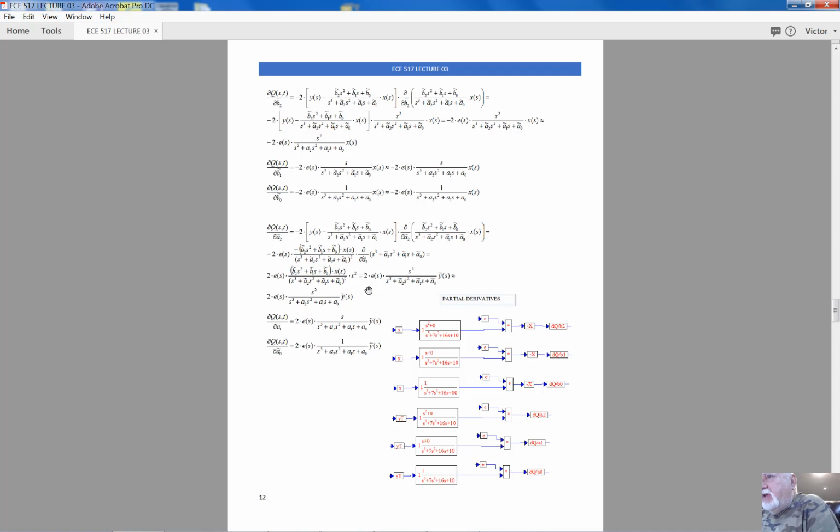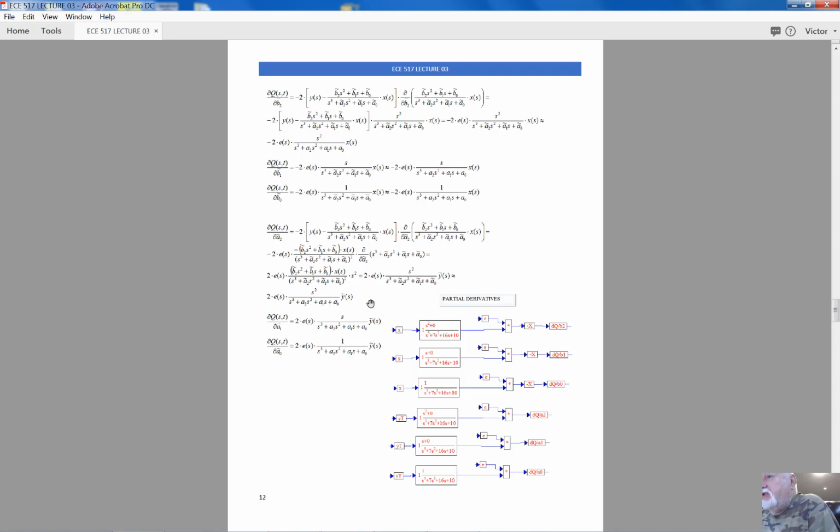So look, I'm going through this process very carefully, and eventually I'm getting, minus would disappear, and I'm having 2 because of the quadratic expression for the criterion, multiplied by the error and multiplied by S squared, multiplied by the output of the adjustable system. But S squared times the output of the adjustable system is actually the second derivative of the adjustable system. And I have this denominator, the characteristic polynomial from the adjustable system.